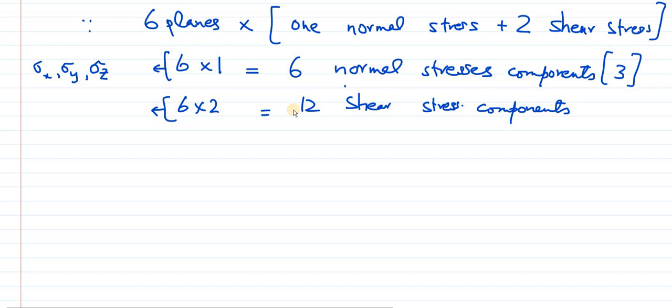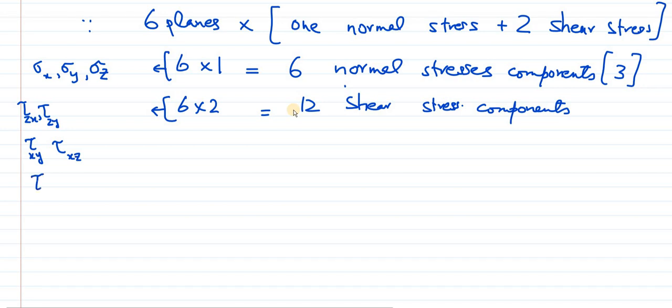So we need to know 6 shear stresses, and those are, starting with z, we will have tau zx, then tau zy, these are acting on the z planes, and then similarly tau xy and then tau xz, these are acting on the x planes.